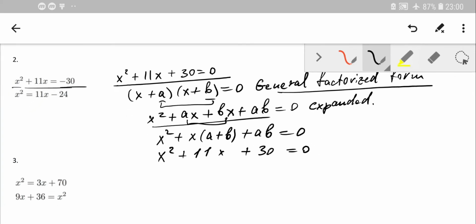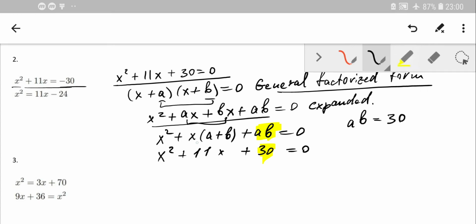What do we know by comparison? We know obviously that the product should give us 30, so ab must be 30. And the coefficient before x, which is a plus b, should be equal to 11, because this form is equivalent to the factorized form.